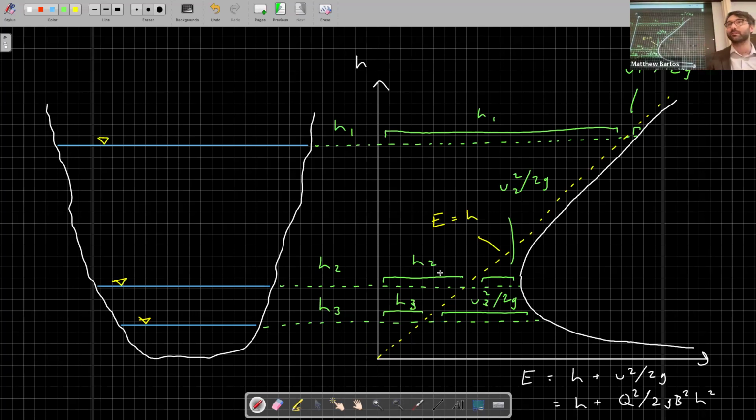So again, the specific energy kind of tracks the energy that can be traded between potential energy and kinetic energy. At shallower depths, you'll have more energy in the kinetic energy component. At larger depths, you'll have more energy in the potential energy component. Are there any questions so far on specific energy?